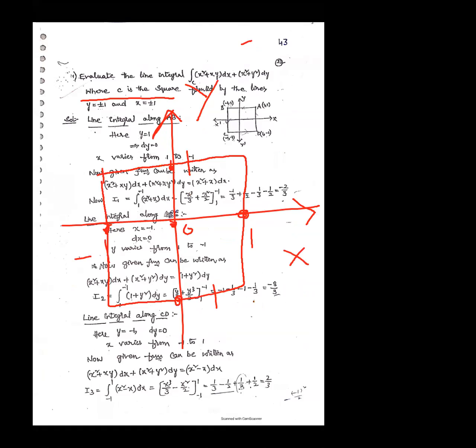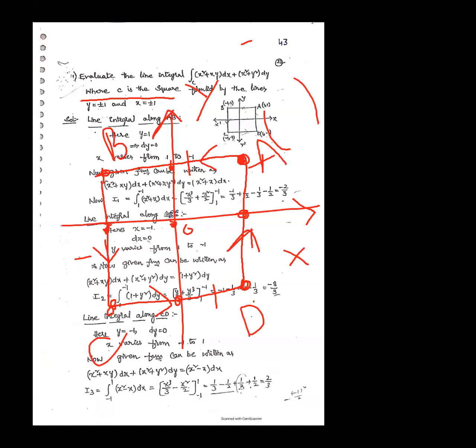Next, I identify the corner points, named A, B, C, D. Every time we calculate the line integral in the anti-clockwise direction only. So first identify A, next corner point B, next corner point C, and next corner point D. Next we identify the corner points, that means the x value and y value.